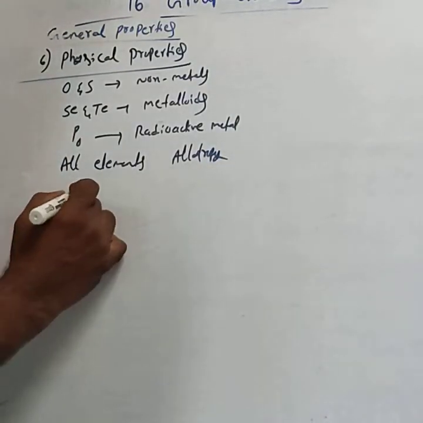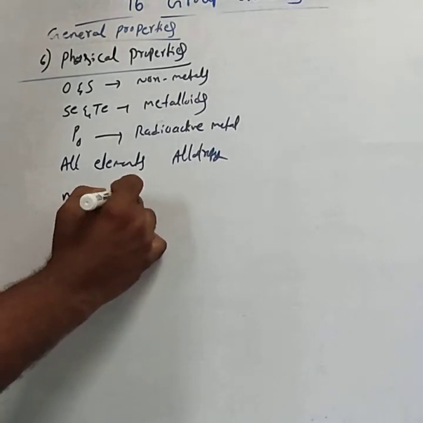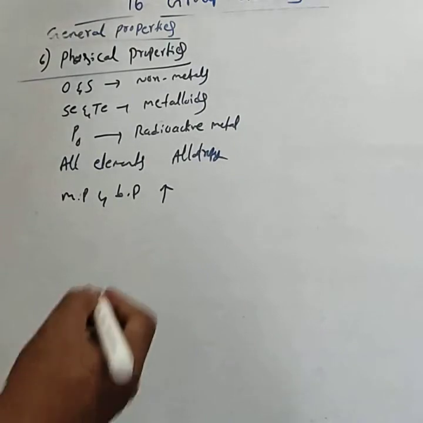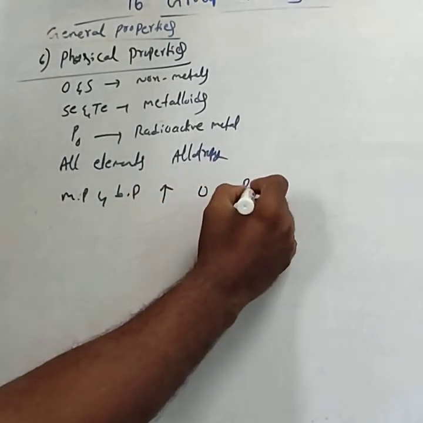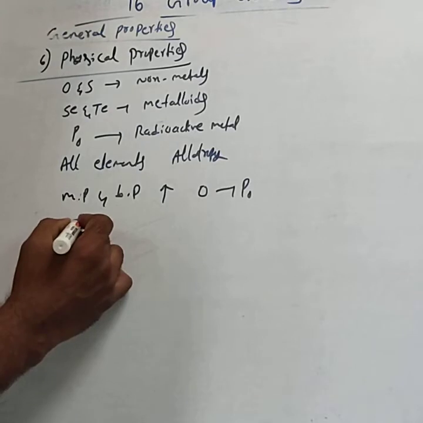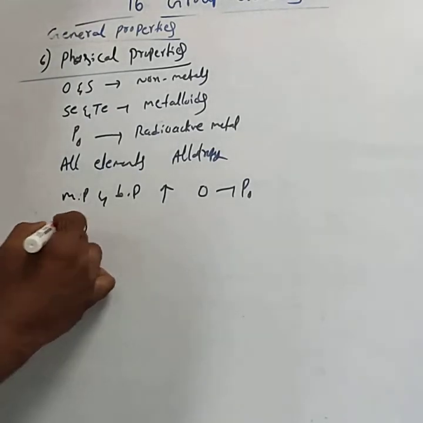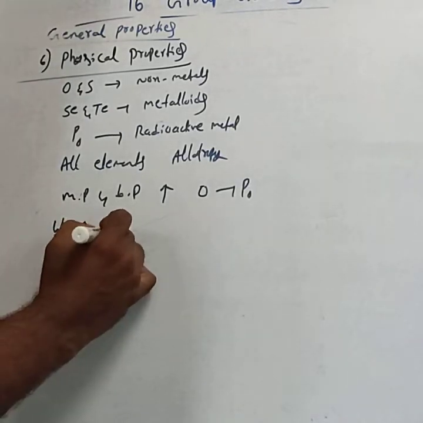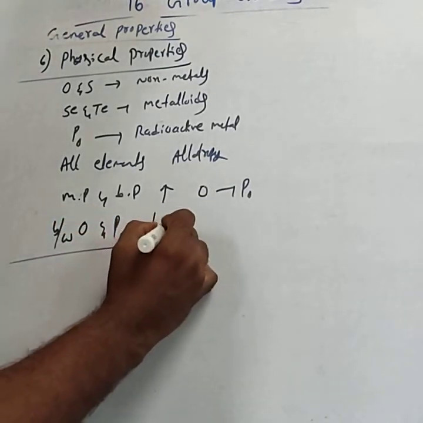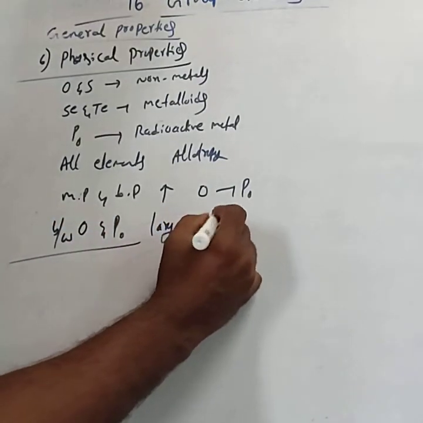Then melting and boiling point. Melting and boiling points increase from oxygen to polonium. If you observe the melting and boiling points, between oxygen and polonium there is a large difference.